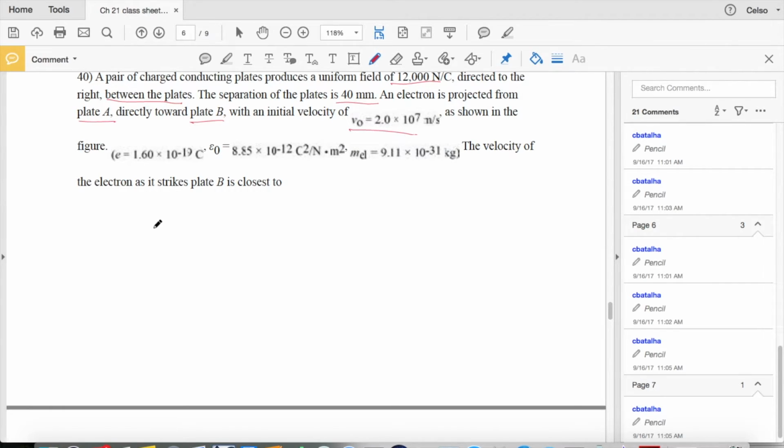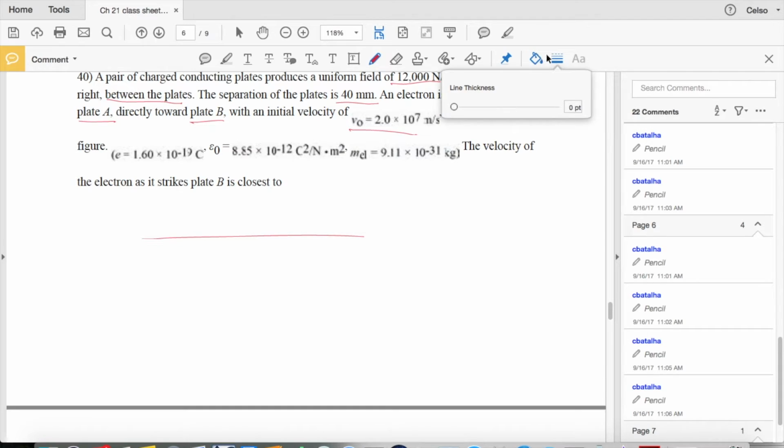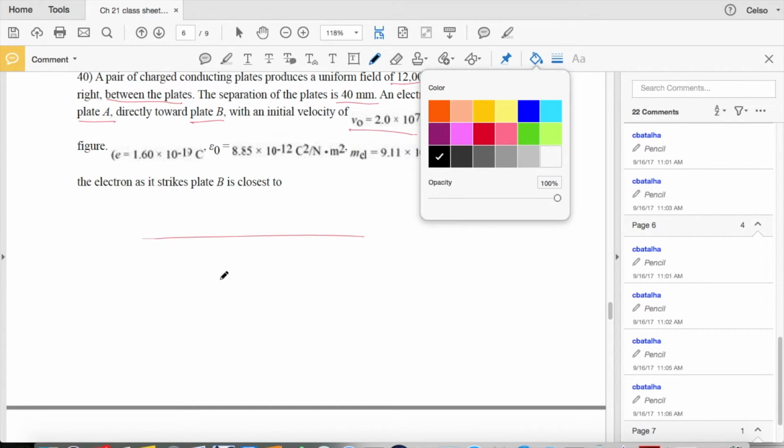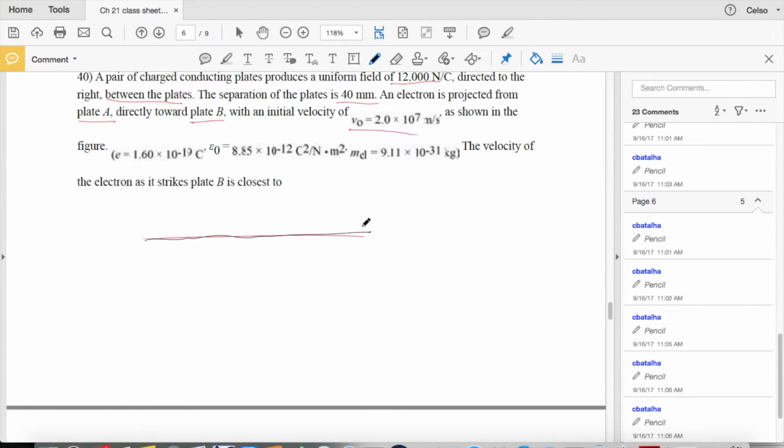So we are going to use pretty much what you're studying in chapter 21. So the electric field is to the right, like this, right? And the relation between electric field and electric force on the particle q is F equals qE.